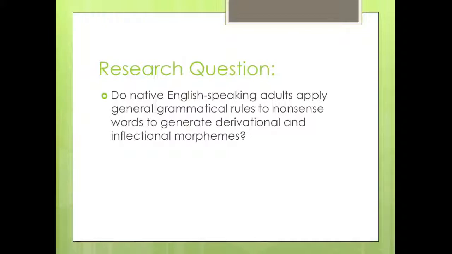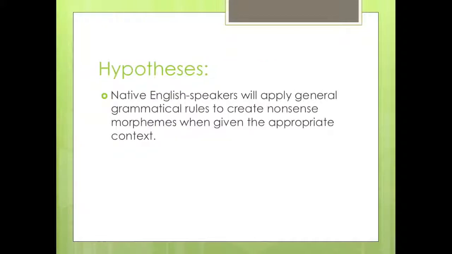So it's a mouthful, but I basically want to see, do adults memorize the correct pronunciation of every single plural, and they don't apply general grammatical rules? One other alternative hypothesis could be that the WUG-like test, like discussed in the article by Yonata Levy, may not be sufficient to generalize to adults. So those are a couple different options.